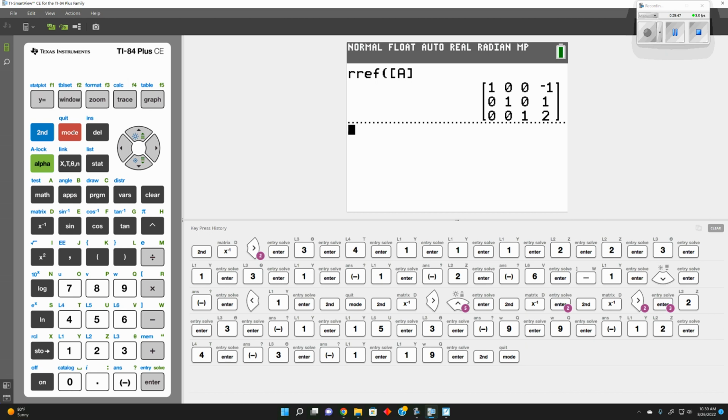Okay, now, if we've done this once already, because we see right there we've got the other solution and RREF A above it. Now, if I put that matrix back into A, here's a little shortcut we can use. I can go up, up. We can scroll up twice and highlight that.